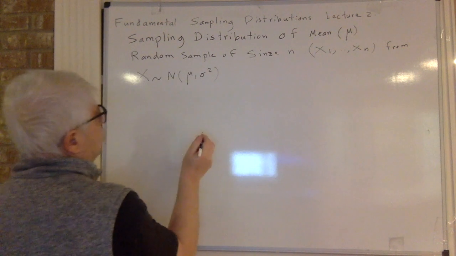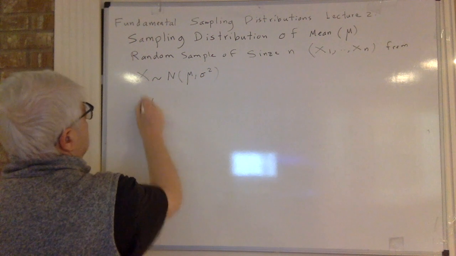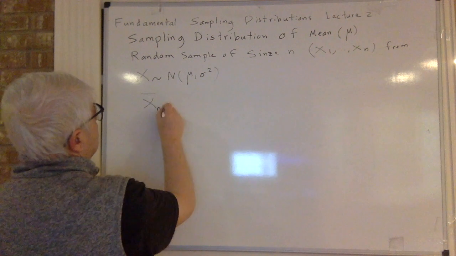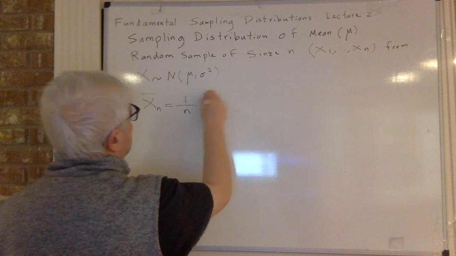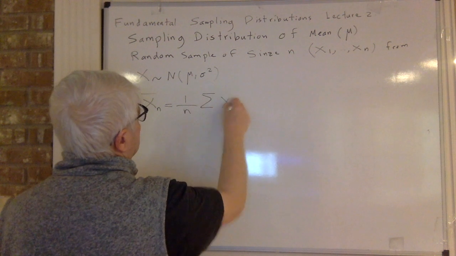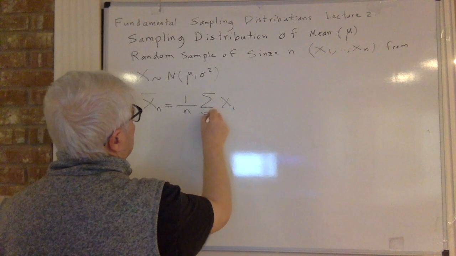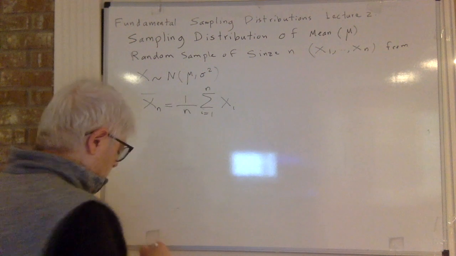Now, if we want to find the distribution of this, 1 over n sigma x_i.